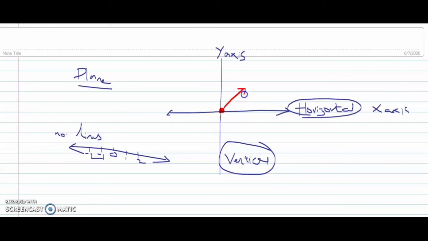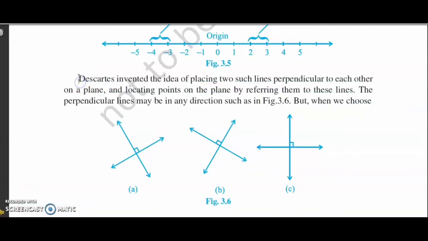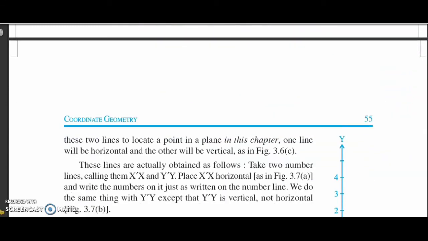The plural of axis is axes. The x and y axes meet at a common point, the starting point, which is known as the origin. Descartes invented the idea of placing two such lines perpendicular to each other on a plane and locating points on the plane by referring to these lines. The perpendicular lines may be in the direction of the given figures.